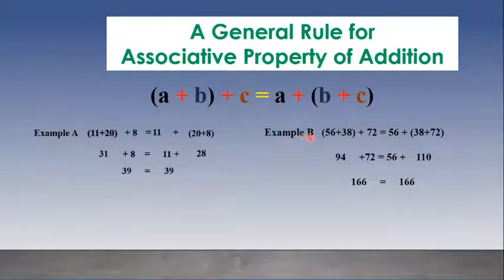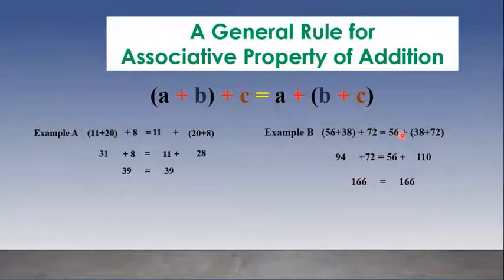Let's look at example B. We go to bigger numbers. You all just did addition last week, and now you know how to add bigger numbers. So when you do these, you will need to use your margins so that you can solve the sum of bigger numbers. So here we have in parentheses 56 plus 38. We solve that first, and that will give us 94. 94 plus 72 will give us 166.